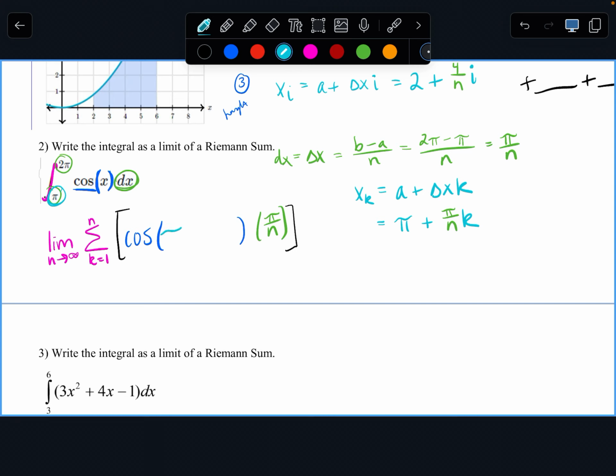Sometimes they'll do k pi just to mess with you, but that's what you would write. That's how you translate it into sigma notation. Hence why they came up with this notation, because this is long and annoying. So they usually just shorthand it, okay?